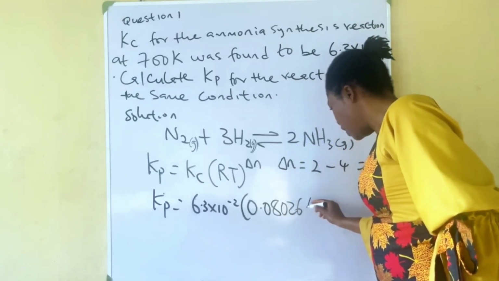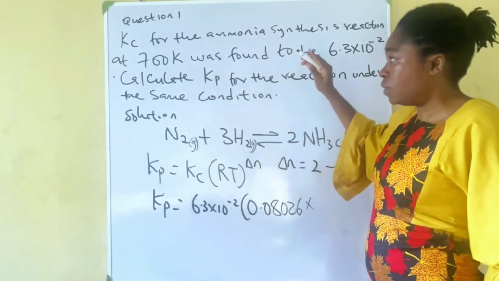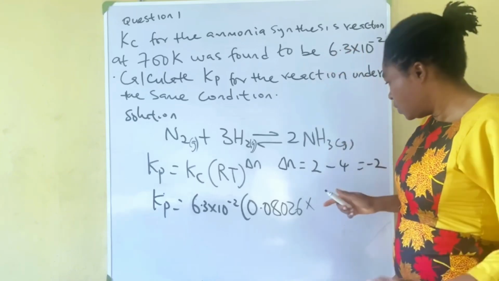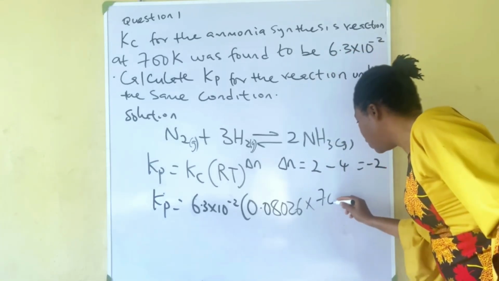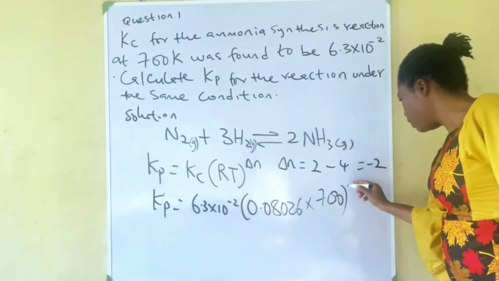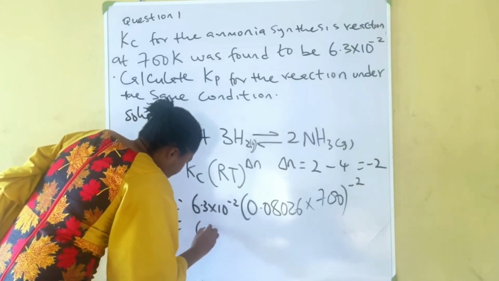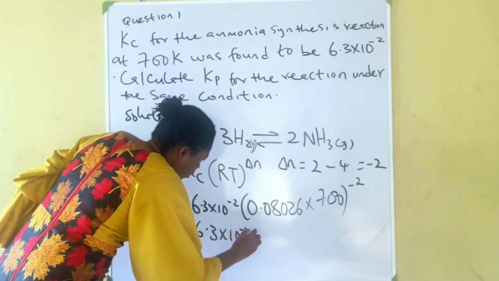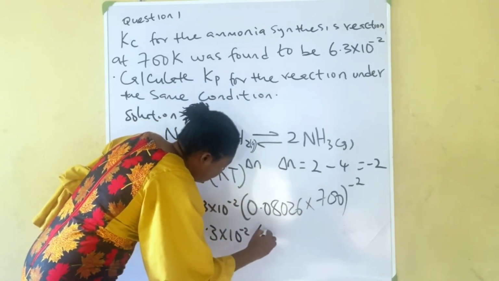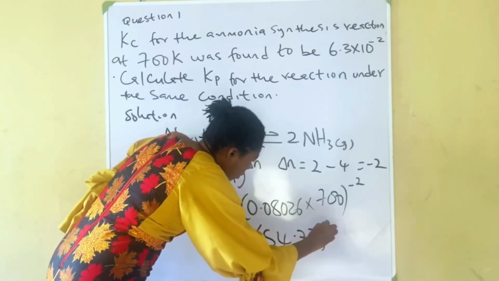Temperature must be in Kelvin, absolute temperature. Even if you are given degrees Celsius, you have to convert it to Kelvin. So times 700, raised to the power minus 2.